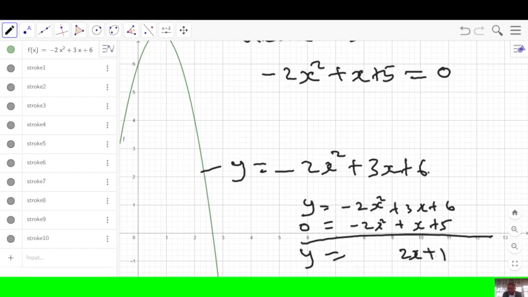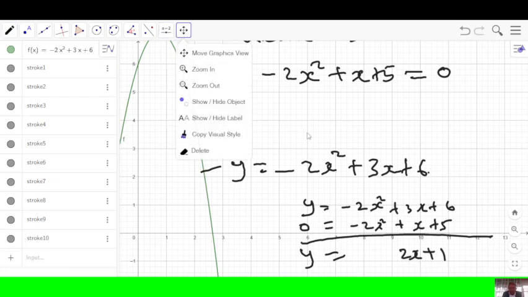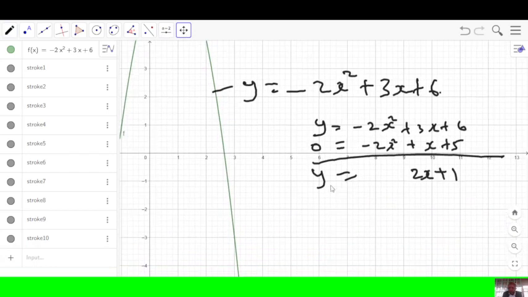So it is from this point that we are saying you need to solve the equation y equals 2x plus 1. So what are we supposed to do here?